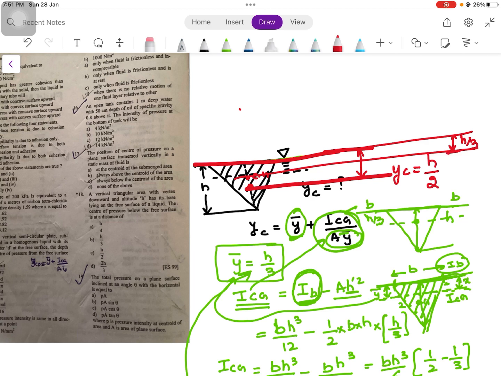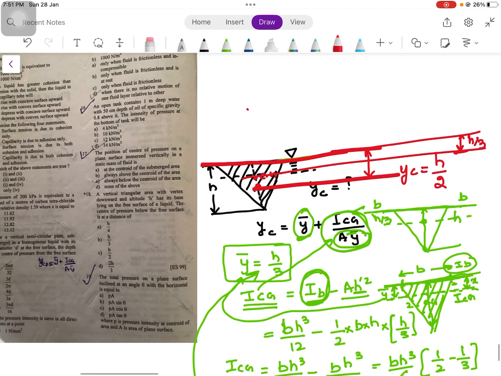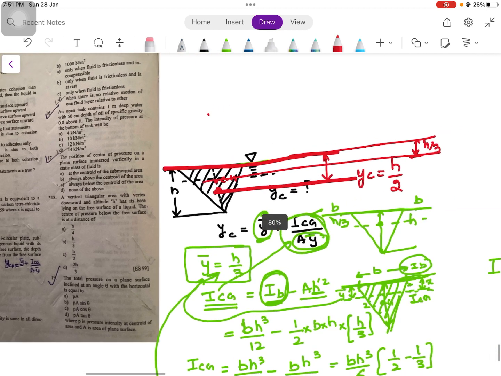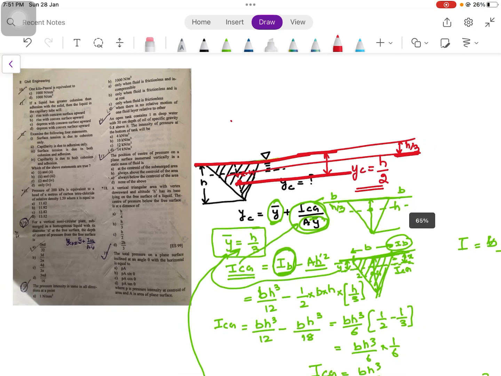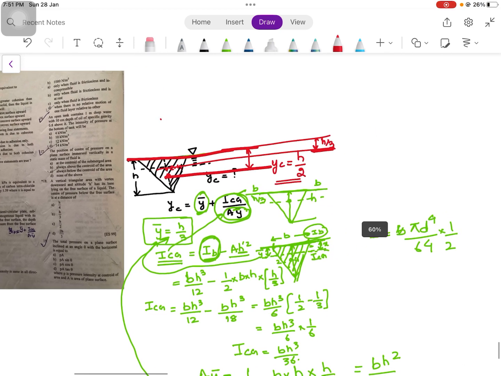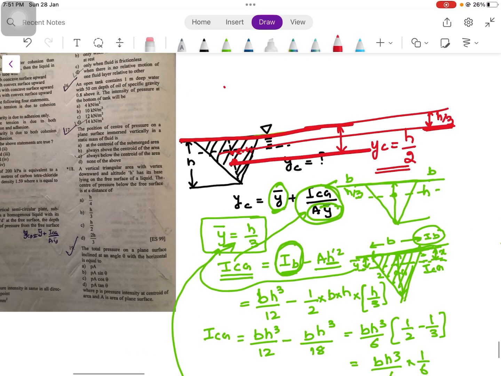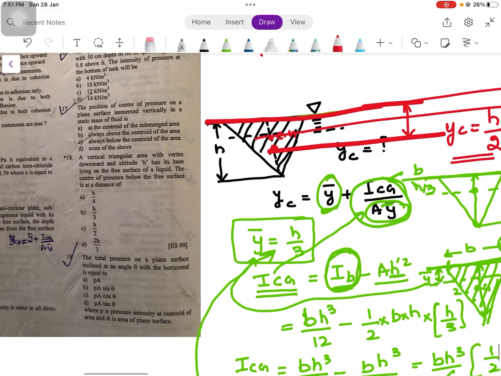So below the CG, like we have discussed in question number 14, the CP, center of pressure, is below the center of gravity or the centroid. So the right option for this is h upon 2, which is option C.